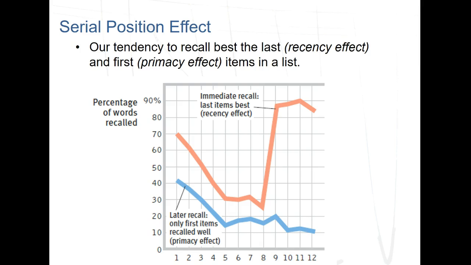So another thing is called the serial position effect, and this occurs when we are exposed to a lot of information. Our tendency to remember either the beginning of the list or the end of the list better than the middle of the list.